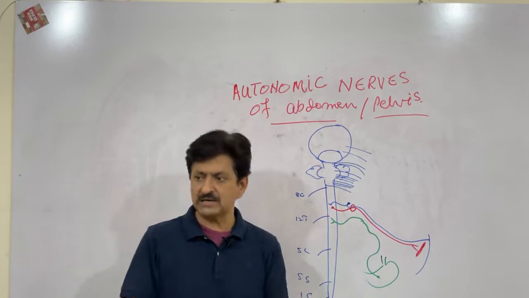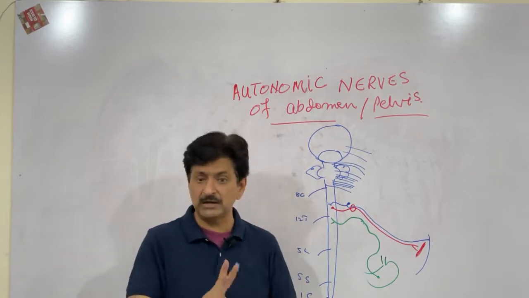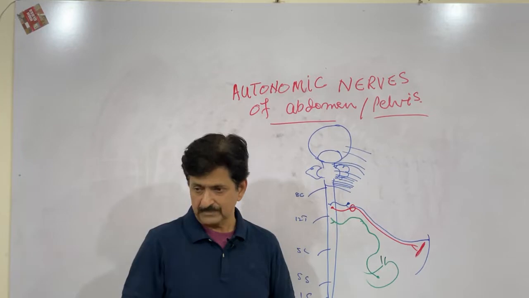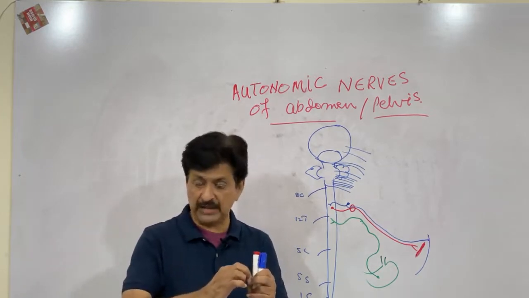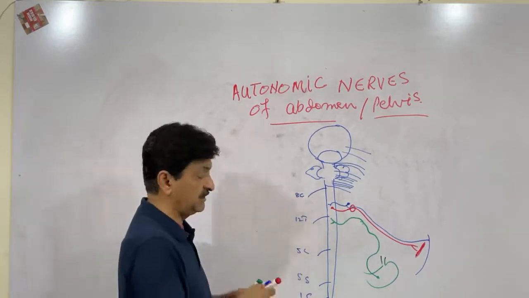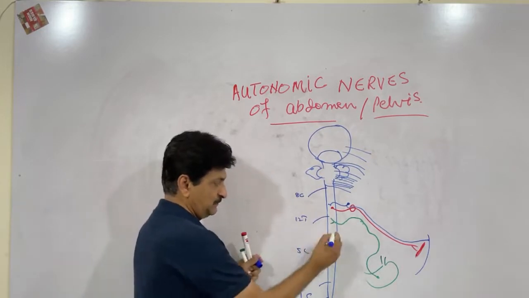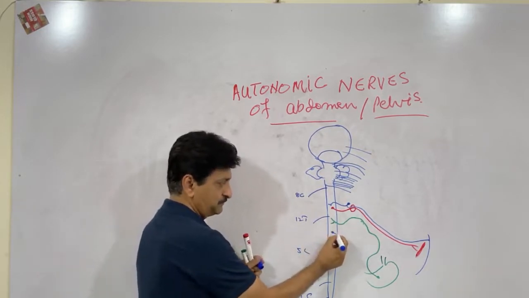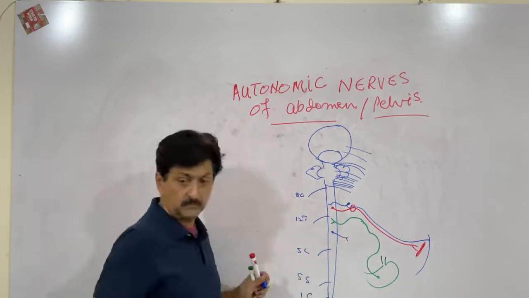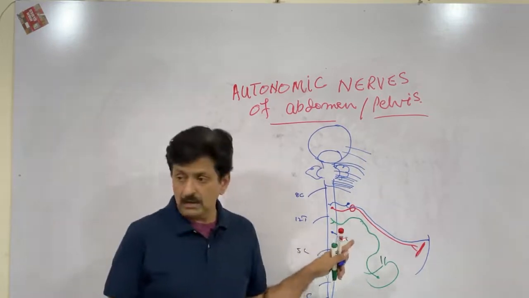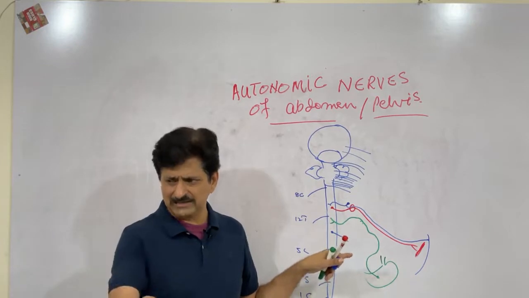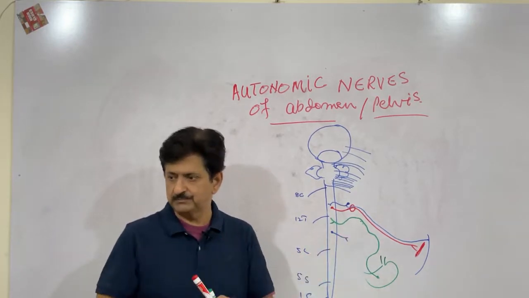Different in the sense that this system is a double neuron system. Double neuron system means one neuron will come out of your central nervous system, which will start from here, and either immediately or a little later it will stop.